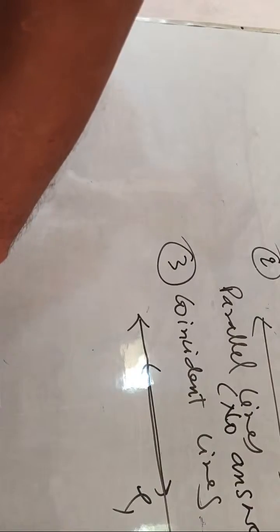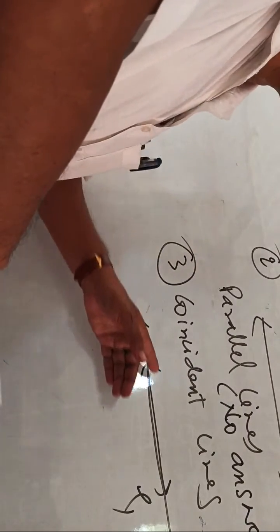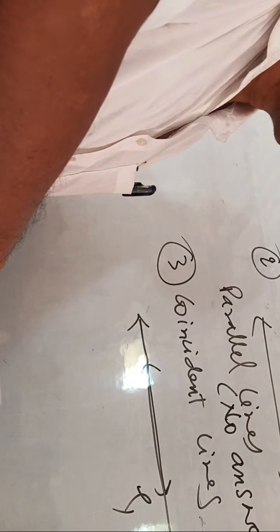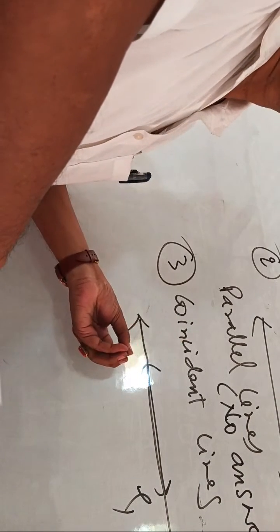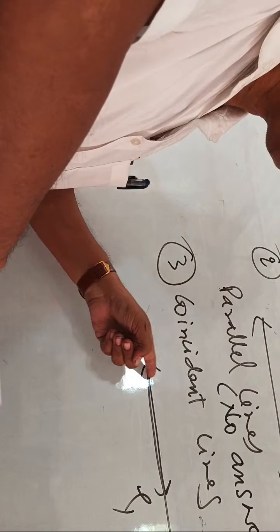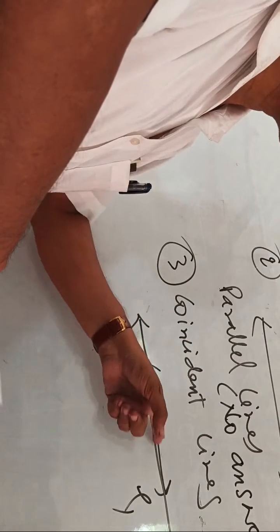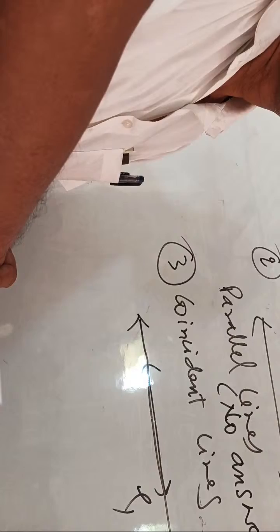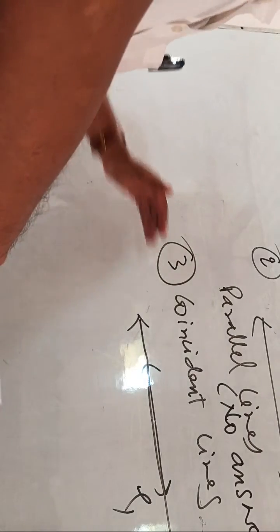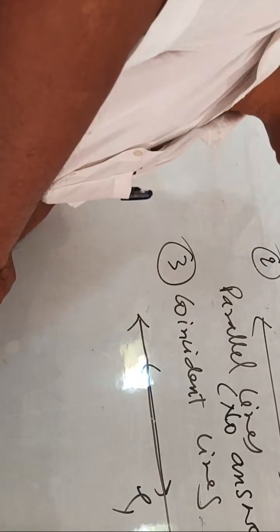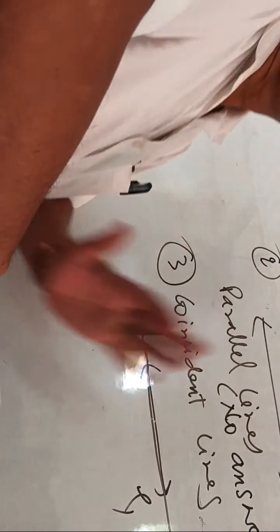Here, you see that all the points lie on both the lines. It means every point is a common point. Every point is the point of intersection. So there are many answers. There are many points of intersection. Therefore, there are many answers.